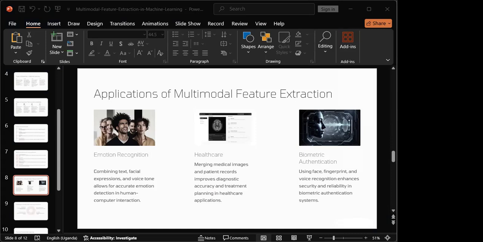Then we have biometric authentication, that is facial recognition, fingerprint recognition, and voice recognition. This enhances the security and reliability of the biometric authentication system.